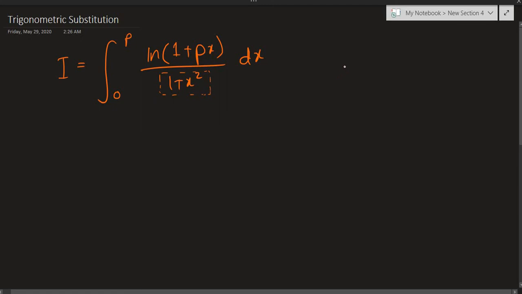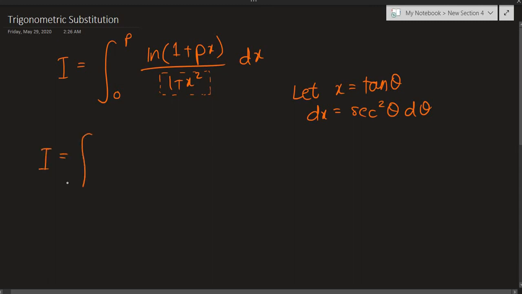In case you don't know what I'm talking about, please go check out that video. It's in my high school calculus playlist, and only then will you understand what I'm talking about. Since this is a standard form, the appropriate substitution is x equals tangent of theta, such that dx is nothing but secant squared theta d theta.